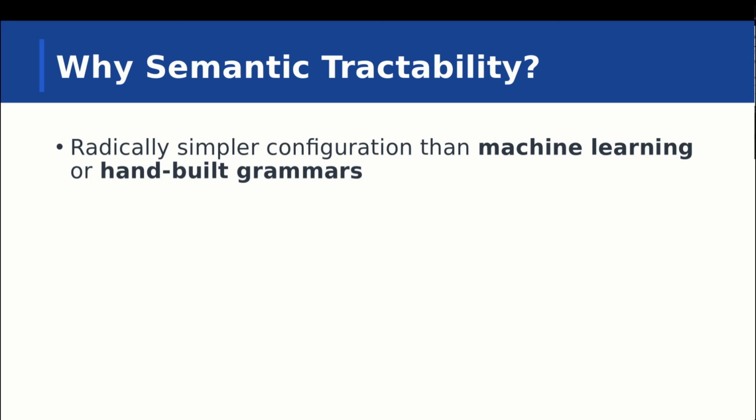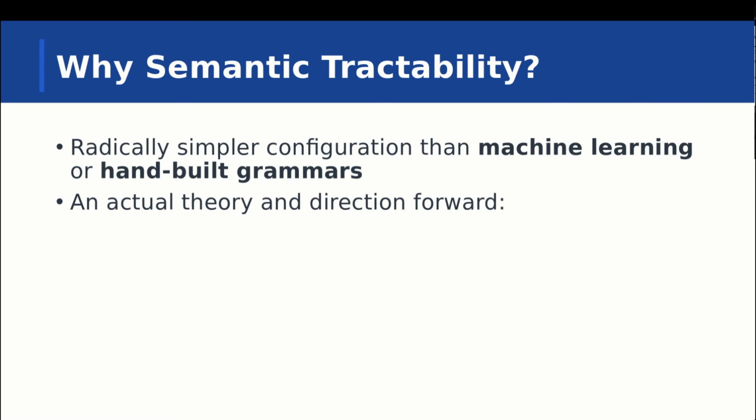The semantically tractable approach, I think, offers much better properties when it comes to that than machine learning or hand-built grammars. And another thing is there's an actual theory to drive things.